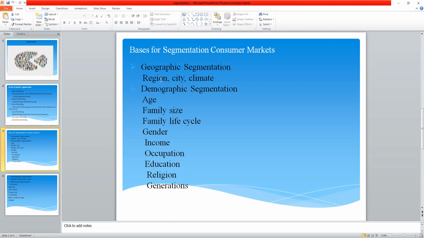Most of the cities are becoming cosmopolitan now, where one cannot think of demarcating on the basis of cultural backgrounds, but still companies do think of promoting the offerings on the basis of geographical segmentation. And even these are focused on in the promotional ads or promotional part of the companies.